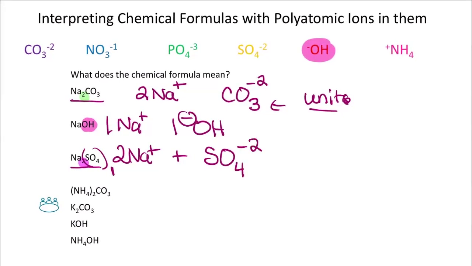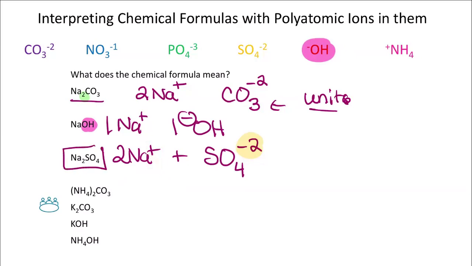In addition, I have 2 pluses for the sodium, which counterbalance that minus 2 on my sulfate. So I have 2 sodiums for every 1 sulfate. The 2 plus charges counterbalance that minus 2. All of that information came from the formula.